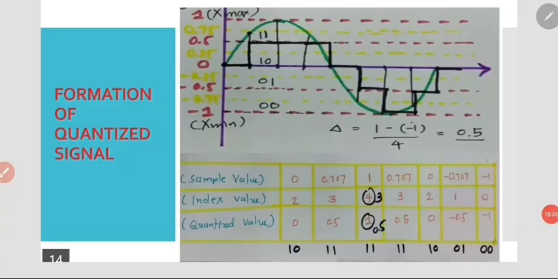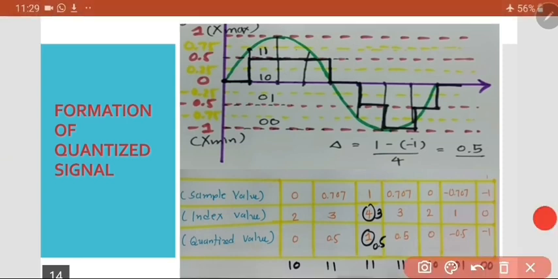So now we can see the sample value 0 and the quantized value 0, that is over here. That is the sample value 0 and this is the quantized level 0 we are talking about. So we start from this 0 for the sample value 0.